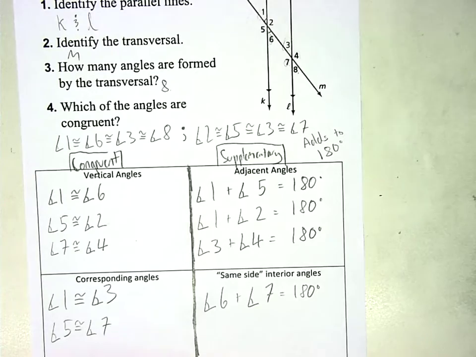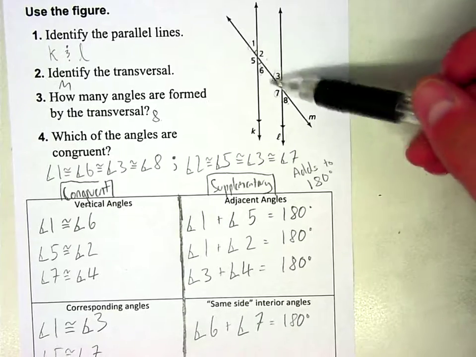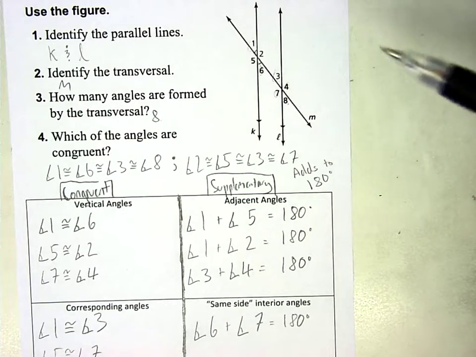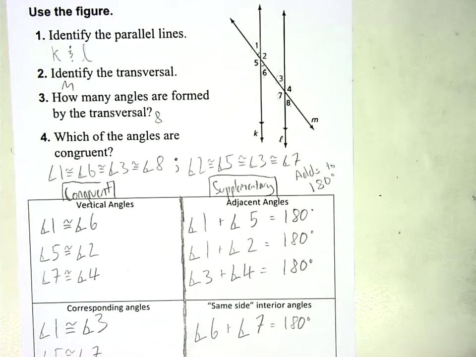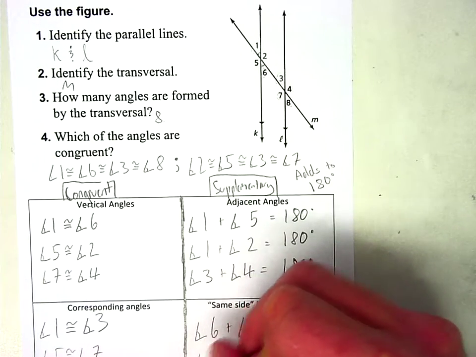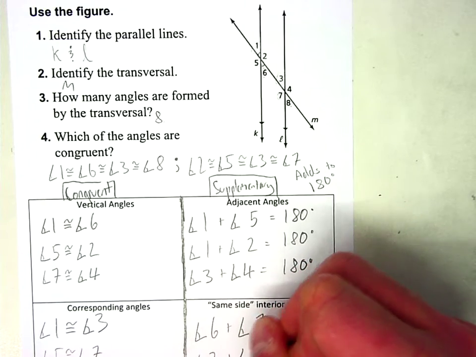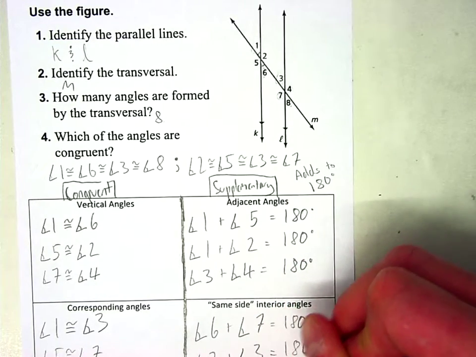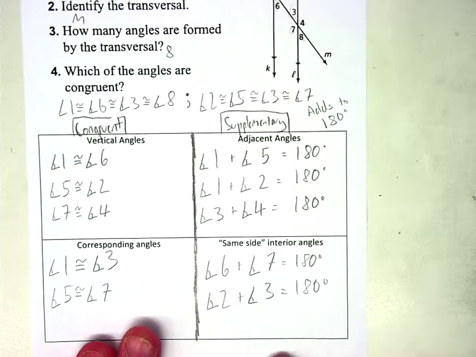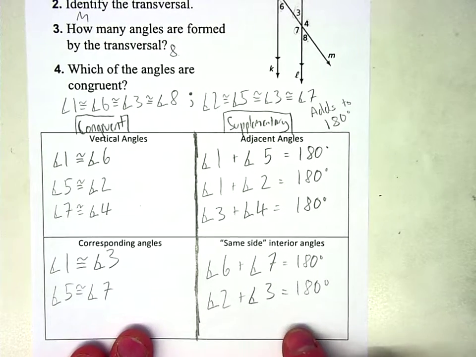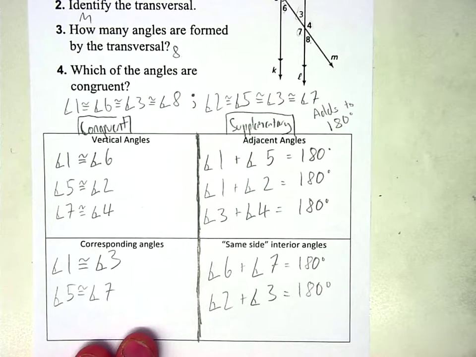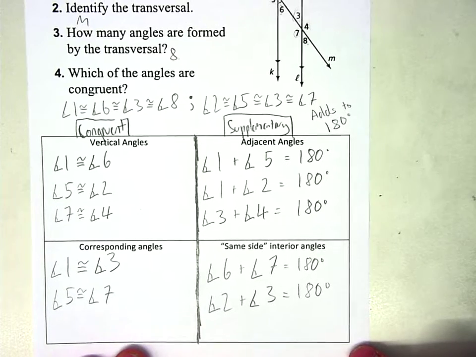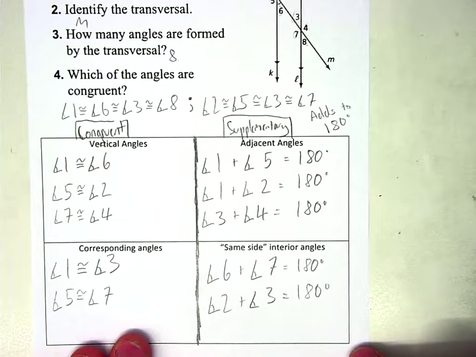And yes, I can see Kaysen over there thinking to himself, Mr. Bywater, isn't there another pair of same side interior angles? And yes, Kaysen, good job. Angle 2 and angle 3 are also same side interior. They add up to 180 degrees. Okay, question, Ricky. Can we do angle 1 and angle 8?